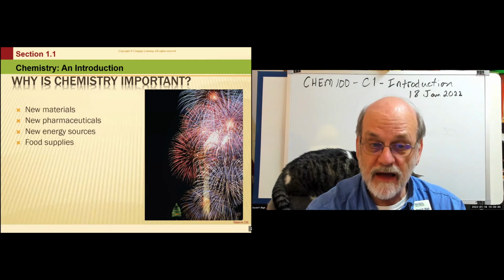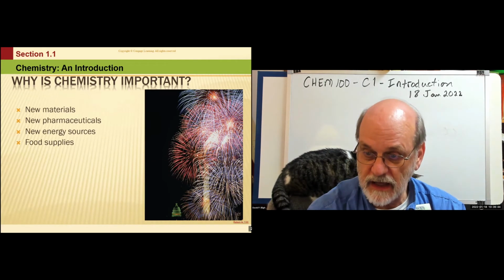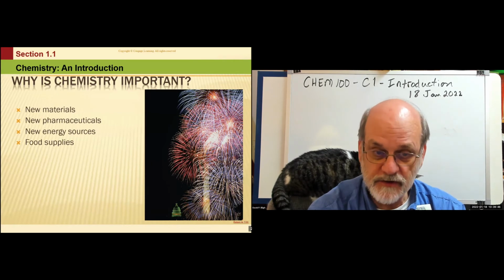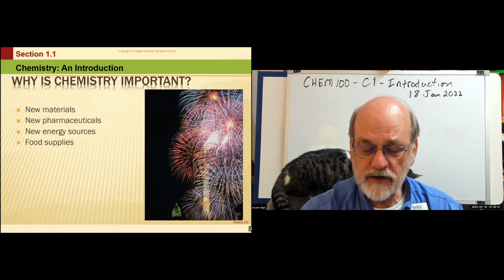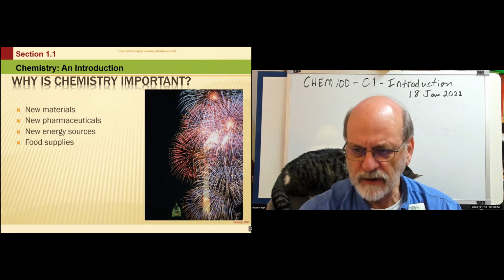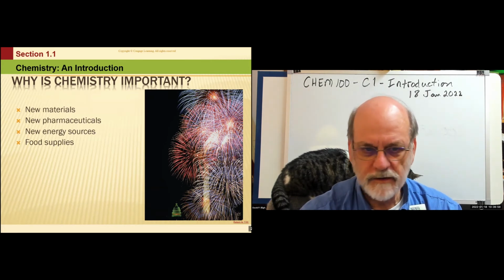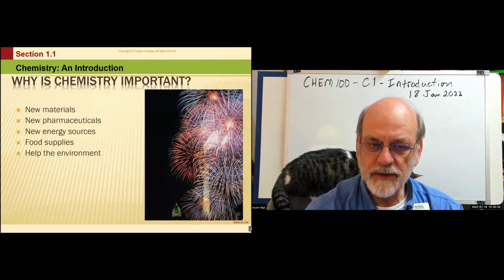Our food supply expanded because of those 2 things, the plant breeders and the agricultural chemists who produce the right fertilizers. And now we can support a population of, let's see, last count was what? I don't know, 6.5 billion people on Earth. And chemistry can also help the environment.